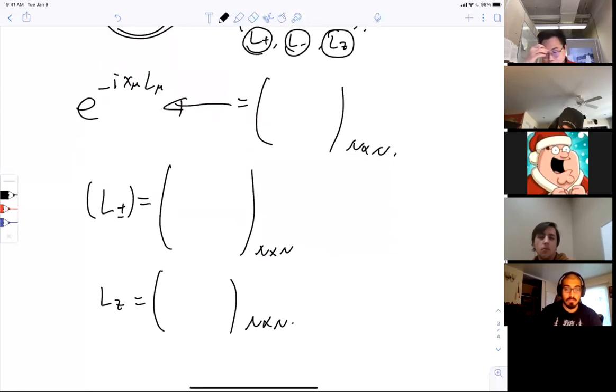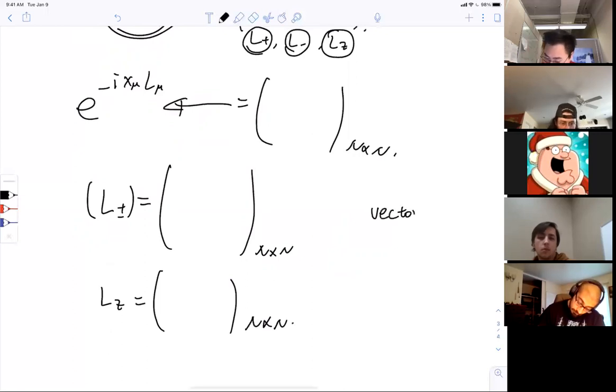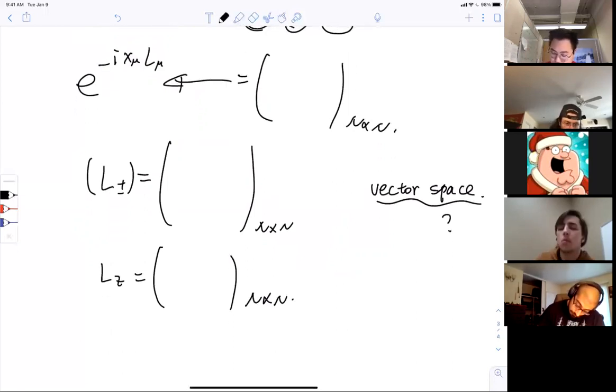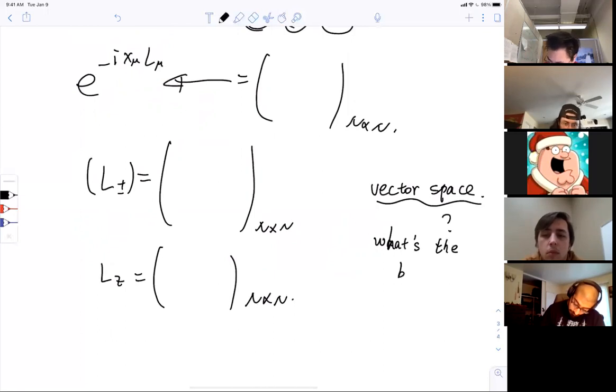And actually, a more important question to ask is what's the vector space, or what's the Hilbert space you're acting on? To specify the vector space, the thing you need to do is to specify the basis. So what's the basis? Right.